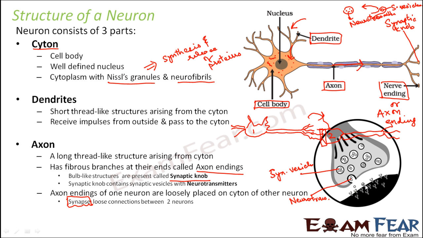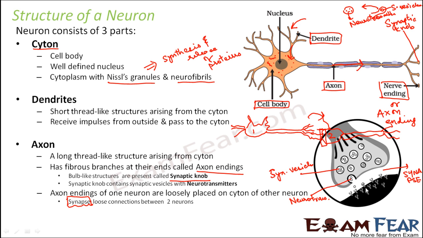Now these neurotransmitters are then received by the receptors which are present in the synapse. So this region is known as the synapse, that is the loose gap between the two neurons, and then the receptors will receive these chemicals, so the information is passed on to the next neuron.